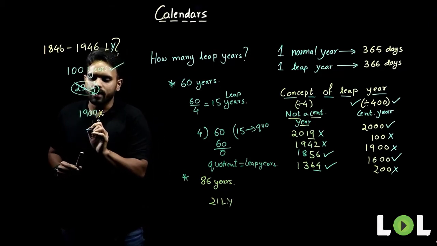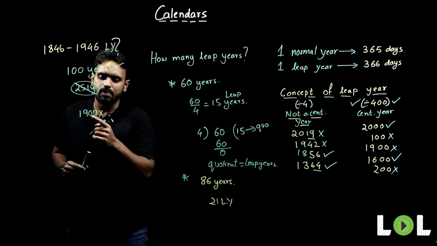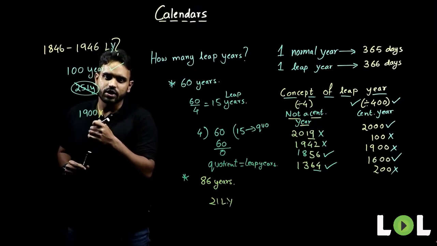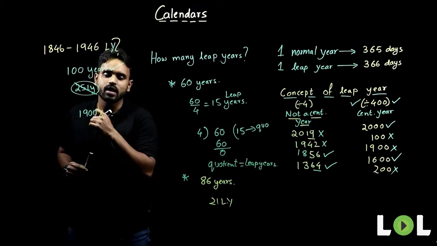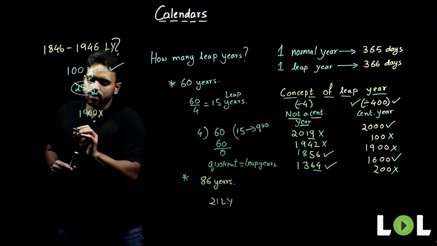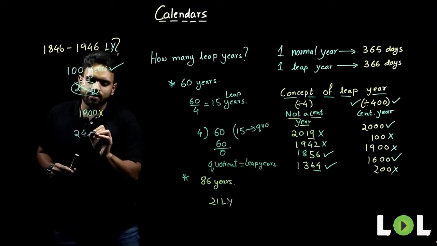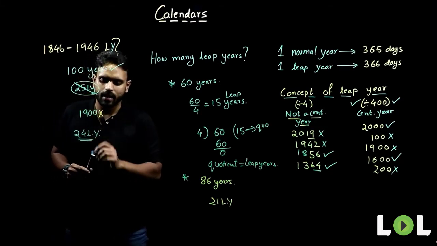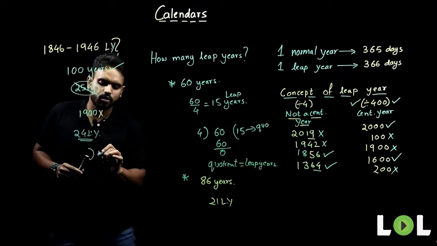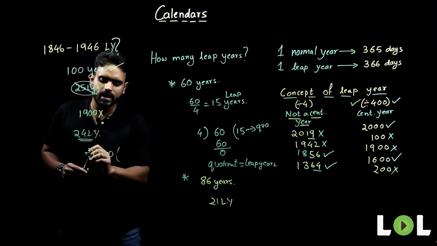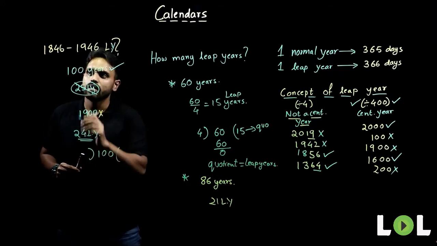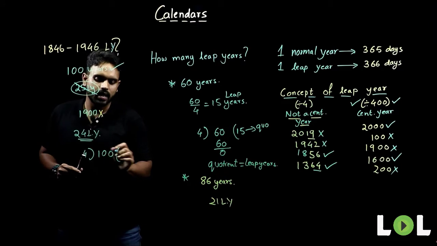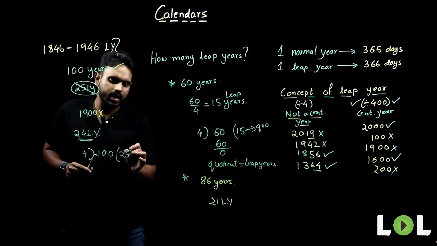So, out of 100 years, 1 is already not a leap year because it is a century year and not divisible by 400. So, how many leap years will I have? I will have 24 leap years. How did I arrive at this if you ask me? I have a total of 100 years, and for every four years I need a leap year, so I need 25.